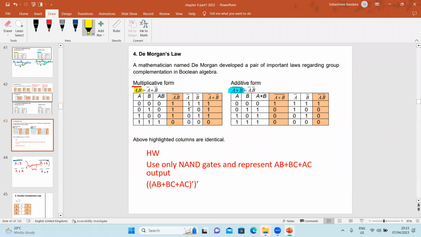Then we are going to take A bar. A bar means 0, 0, 1, 1 becomes 1, 1, 0, 0. B bar means 0 and 1, 1 and 0, so 1, 0, 1, 0. Then we are going to add these two, A bar plus B bar.